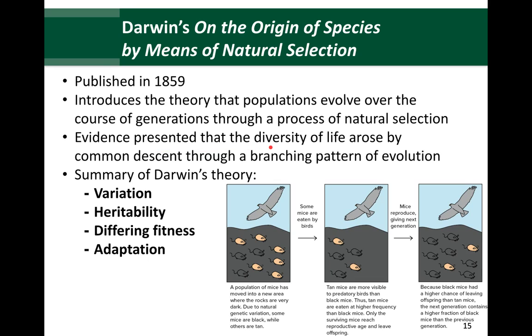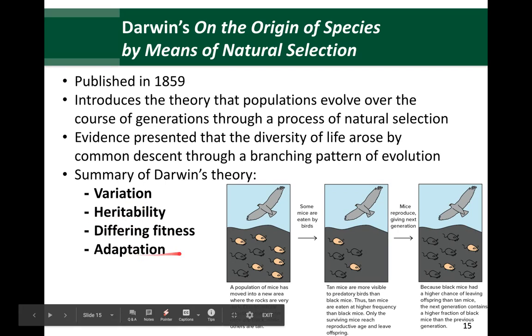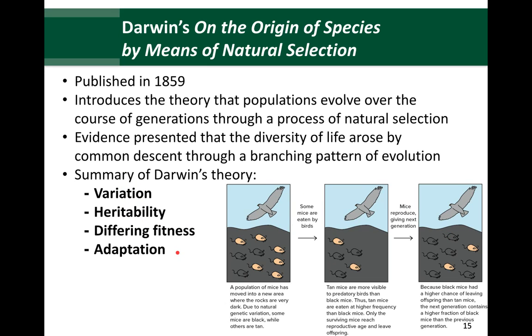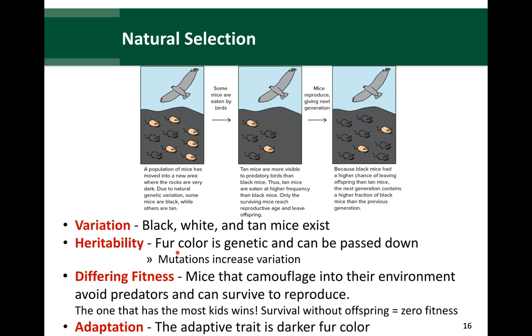Evidence presented that the diversity of life arose by common descent through a branching pattern of evolution. So, to summarize Darwin's theory, we have variation, we have heritability, we have differing fitness levels, and that leads to adaptation. So, this example here we'll use to outline these 4 points in natural selection.